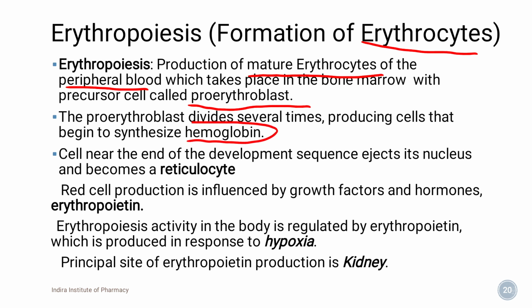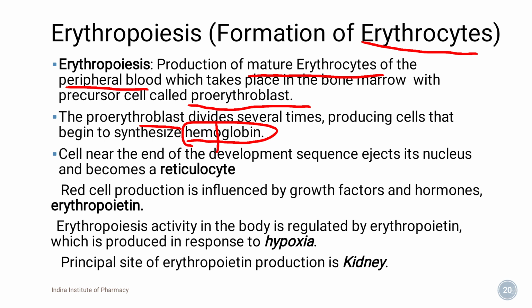This is a protein consisting of heme and globin parts. We'll see subsequently what hemoglobin is. So these proerythroblast cells will undergo several divisions and then they form mature erythrocytes.